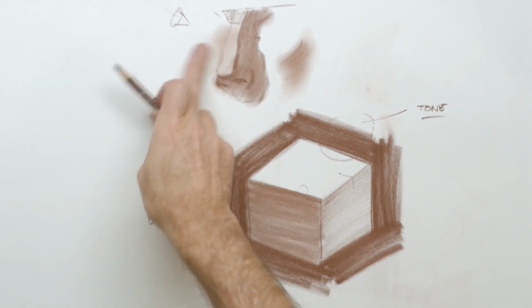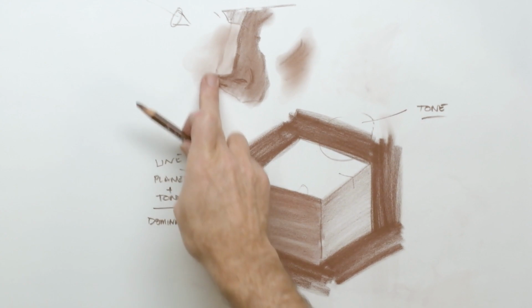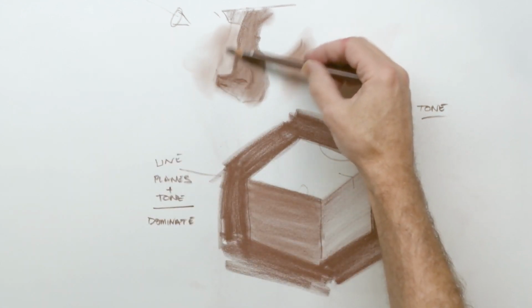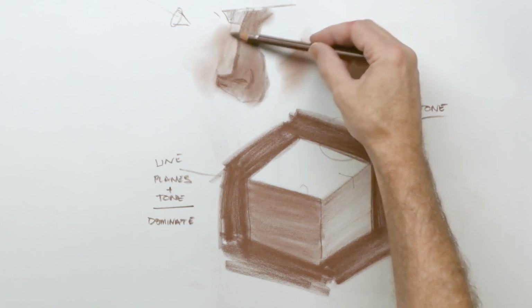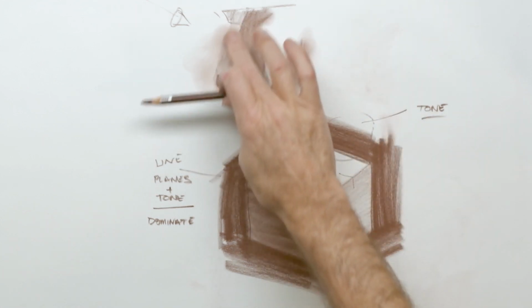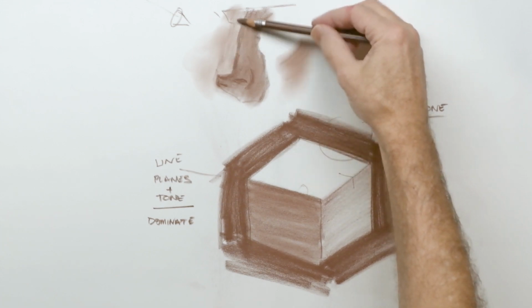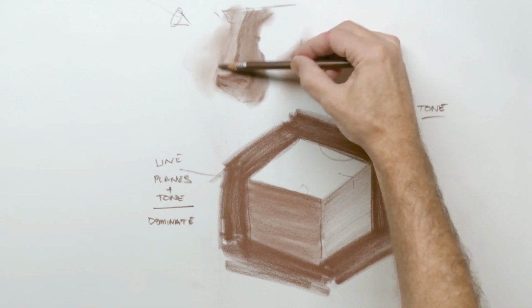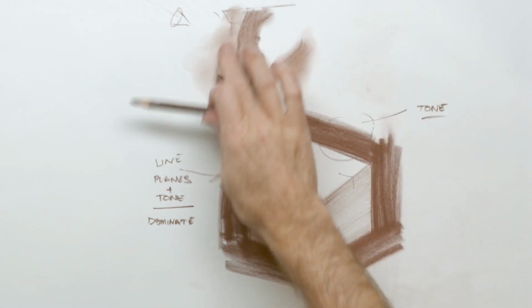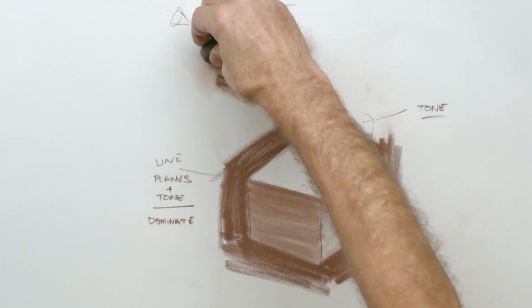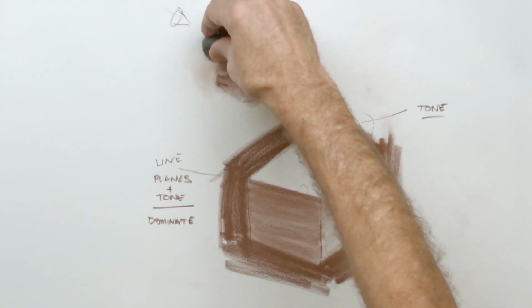Sometimes the value of this cheek over here on this side would be actually a little bit lighter than this small form here. So this might be a little bit darker, because it reflects less light. It might appear just a little bit darker than, say, the cheek out here.